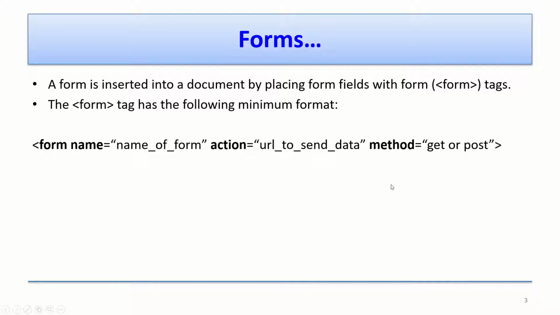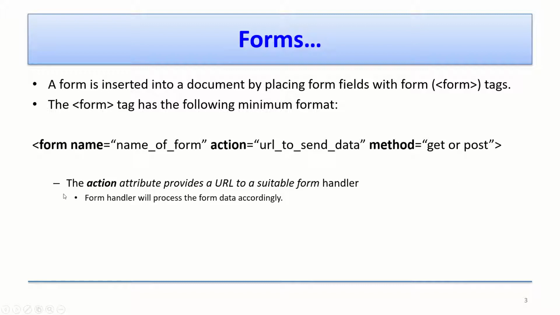And then, in order to send this data, there are two methods called get and post. So you have to use either get or post. The action attribute provides the URL to a suitable form handler. Form handler means handling the data sent through the form, or the data passed from the form.